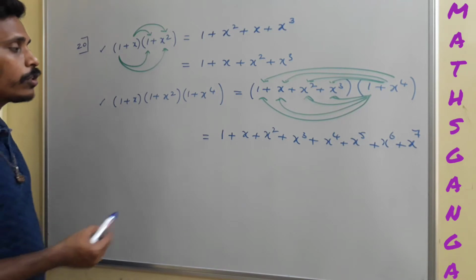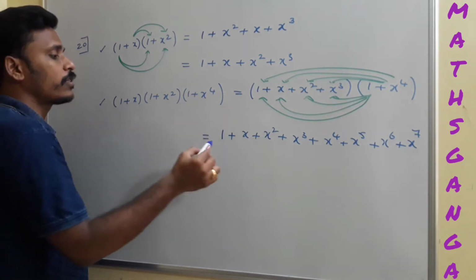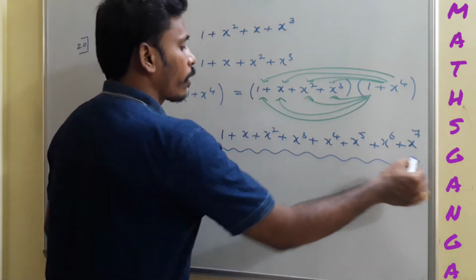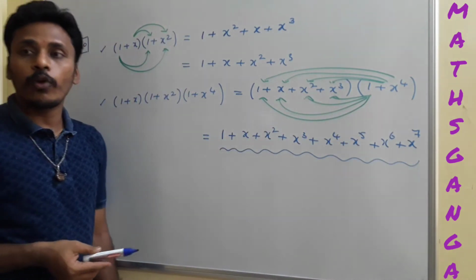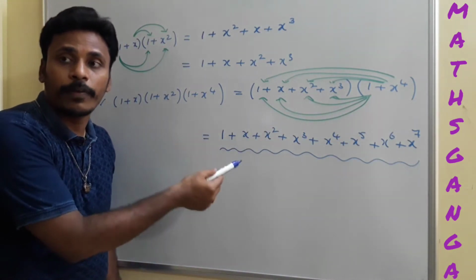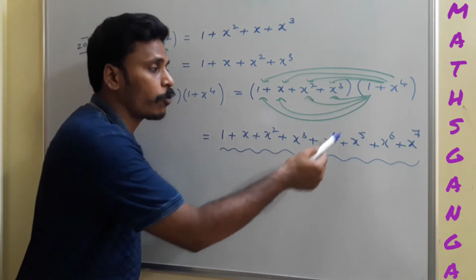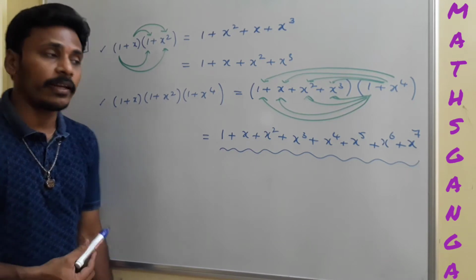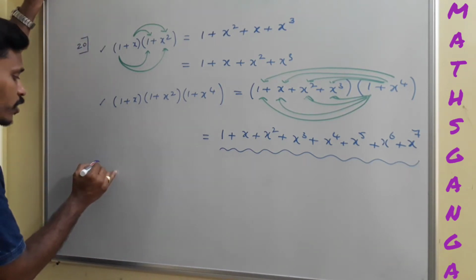See, if you observe this product, the product of these three expressions is just nothing but this summation. And if you analyze it, x power 0, x power 1, x power 2, x power 3, x power 4, like that we have up to x power 7. Is it clear? Right. So in the same way we have a chance to extend it.